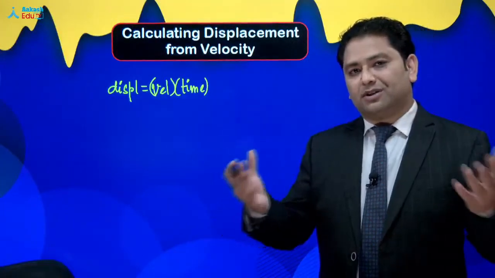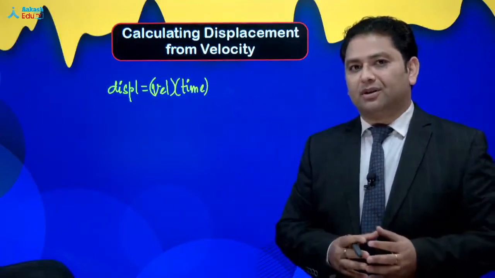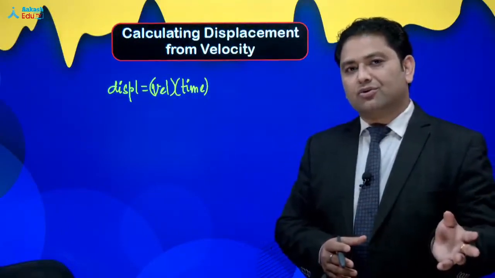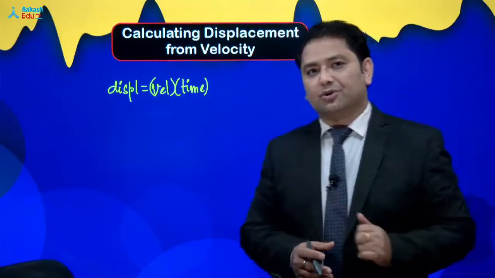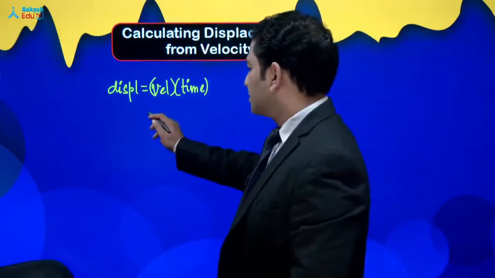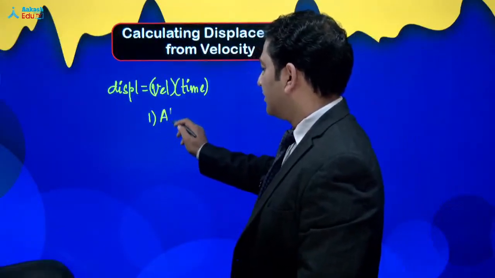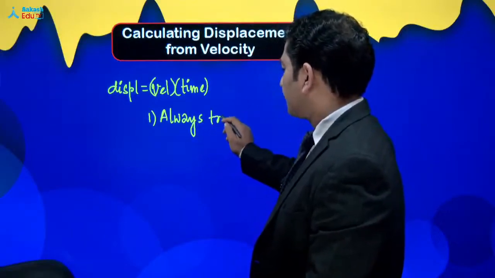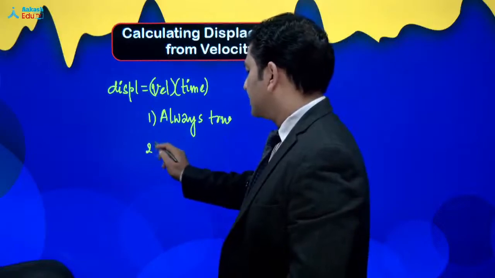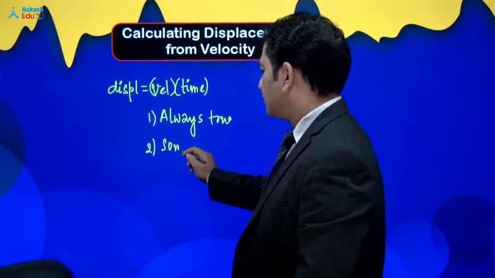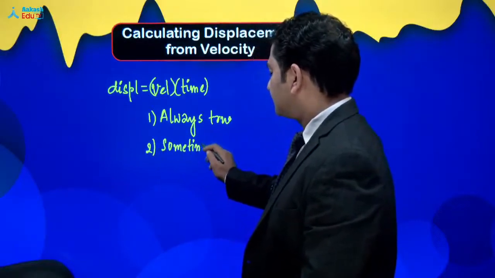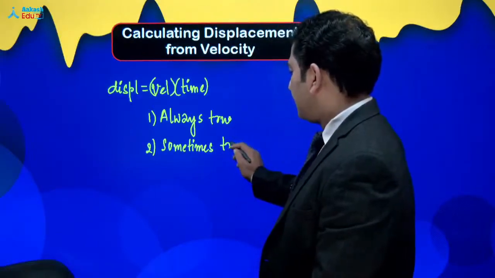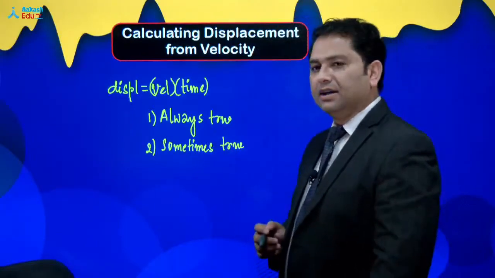What would be your response? I would like a response from you. Option number 1, आपके लिए आसान कर देता हूँ: this is always true. And number 2 is, this is sometimes true. What is it? I would like the answer from you people.